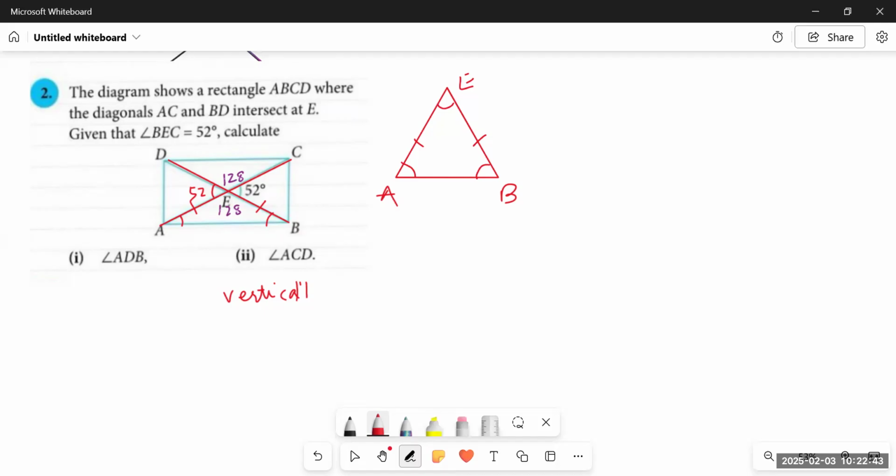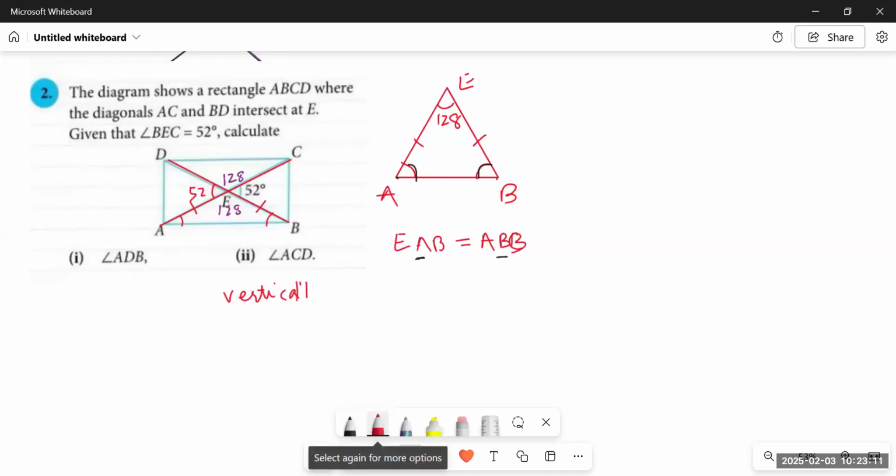This is angle E, and we have already found that angle E is equal to 128 degrees, right? So we can easily find each of the angles EAB and ABE. This is angle EAB, center is A from E to B, and this is angle ABE, center is B.